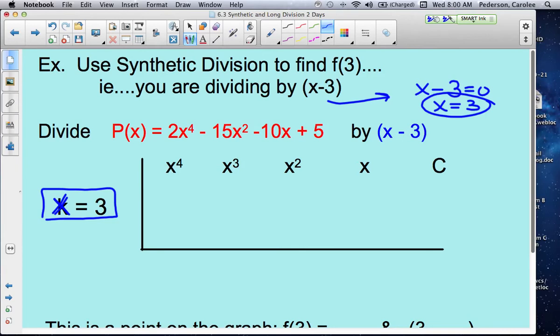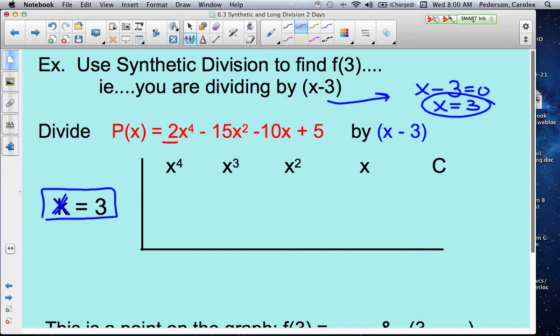So go ahead and set up your problem. This time we have a quartic function. All right, let's go ahead and put the coefficients in.